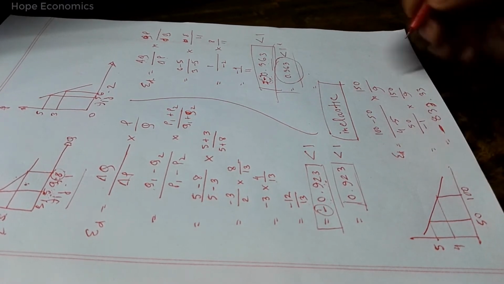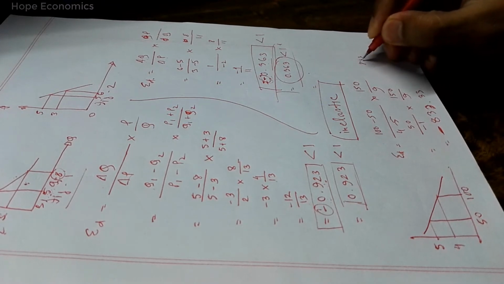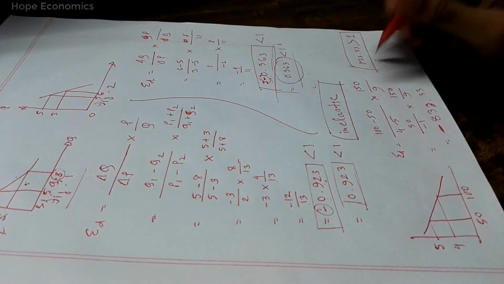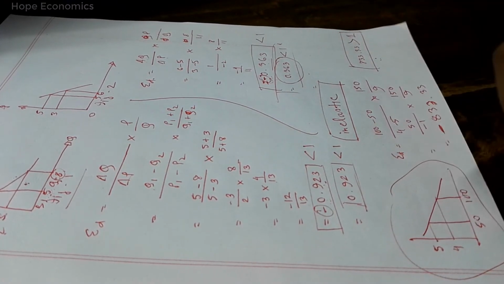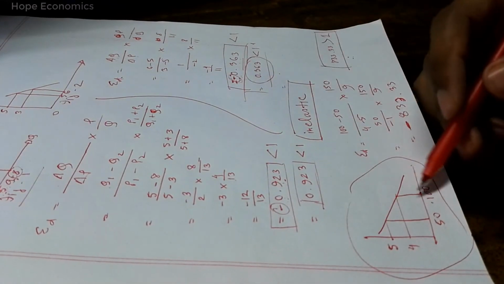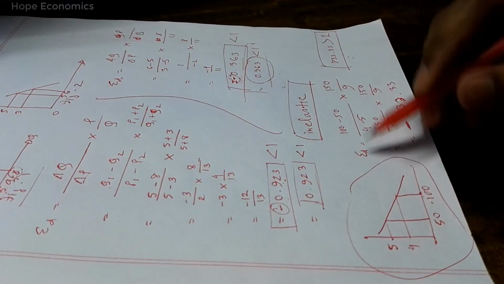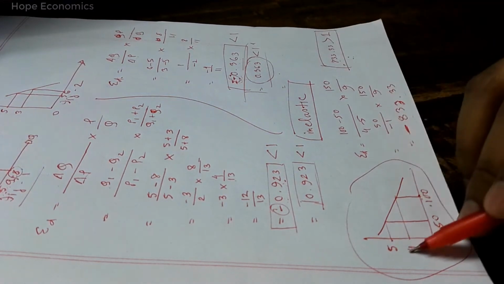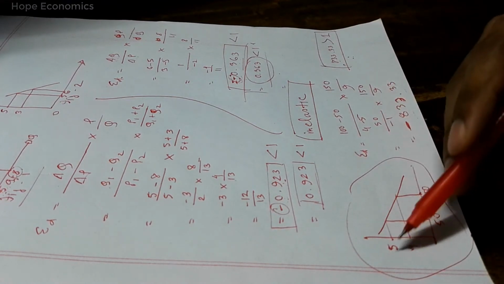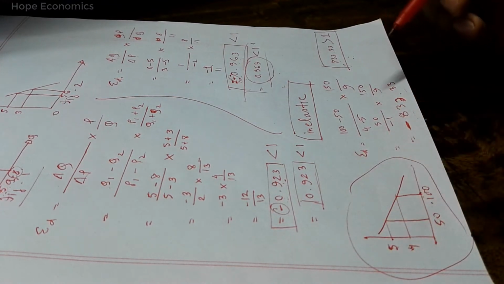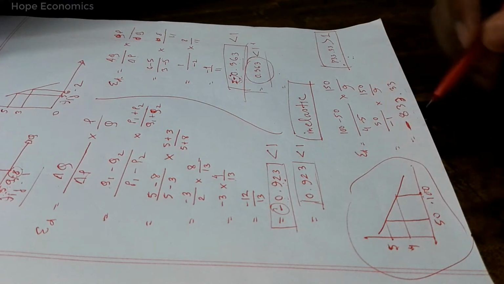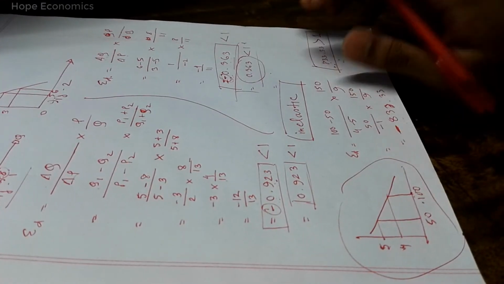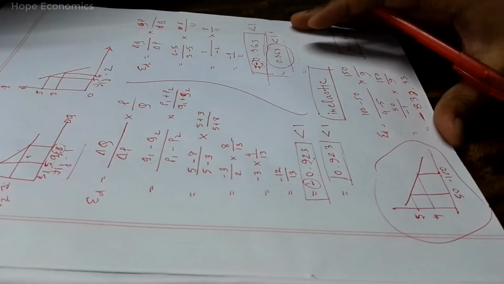We have to avoid the minus, so the value is 833.33, which is greater than 1, and this will be considered elastic. So this graph is elastic, and the elasticity of demand is 833.33. That means if the price changes by 1 unit, the quantity demanded of the good changes by 833.33%. So this is how we calculate the elasticity.